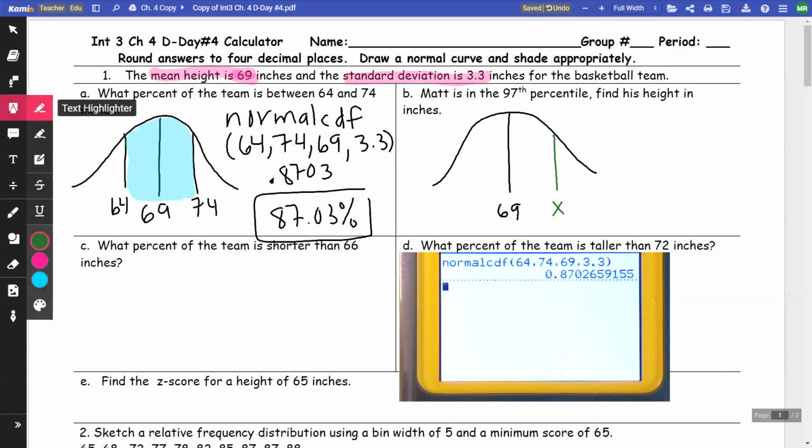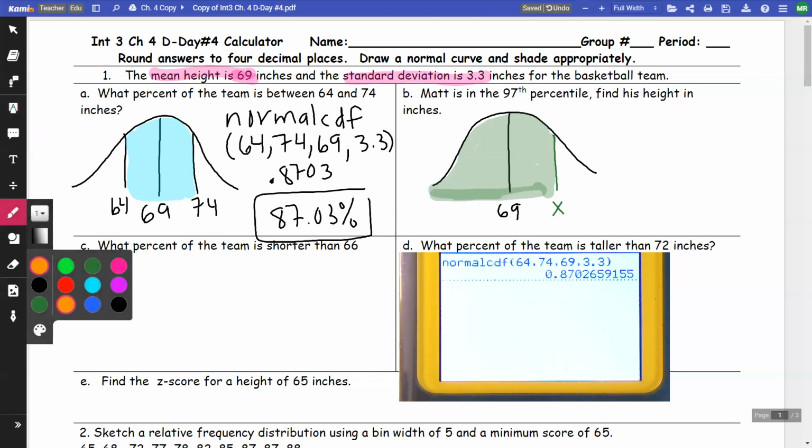So we're looking over here, and we want this area here to be 0.97. And we want to know what height, what X there that I wrote, would give us that. So this is going to be 0.97, which really means this would have been 0.03, the top 3%.